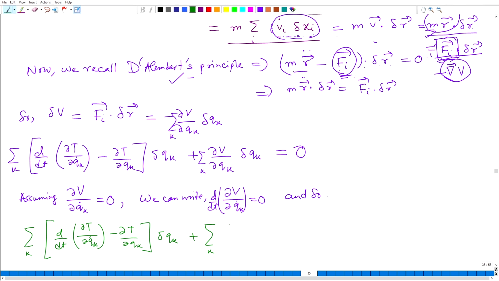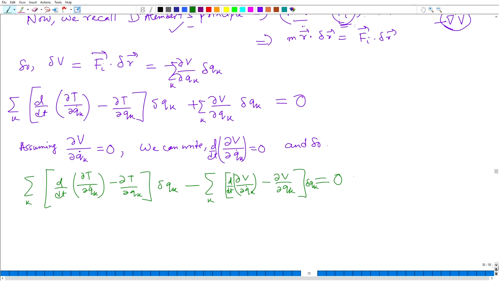I have again minus, so I will now use a minus sign over here, minus d dt of del V del q k dot minus del V del q k delta q k is equal to 0. Okay.